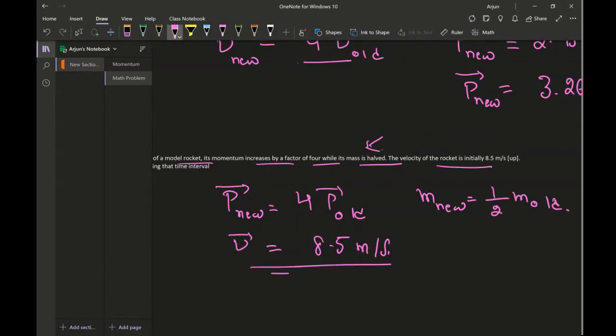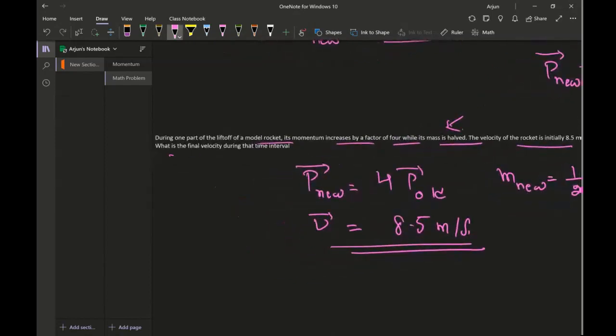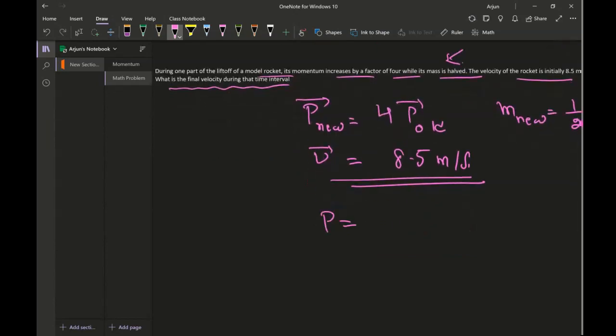Now in this case the velocity is given to me, and I've been asked to find the final velocity during the time interval. Because I've been asked to find the velocity, I'll write the formula in terms of velocity. The momentum formula is mass times velocity, so velocity is equal to momentum divided by mass.